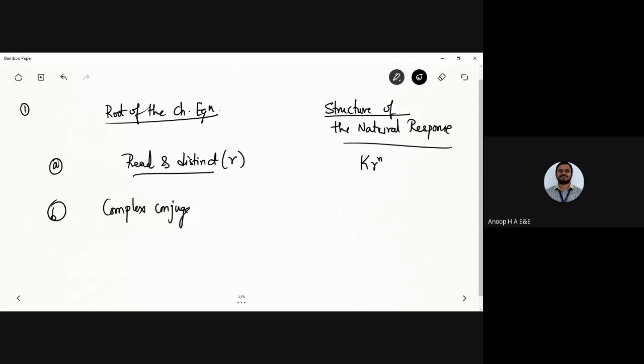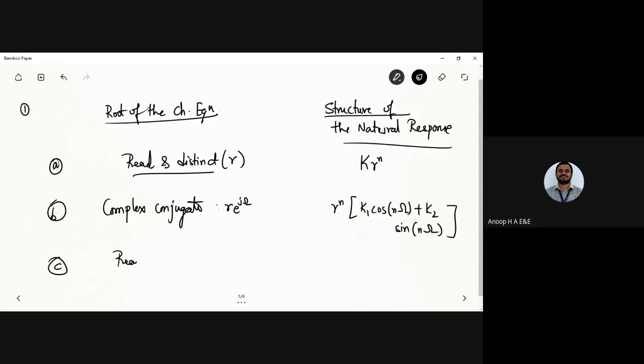So once I have the trigonometric functions present there, r e power j omega, usually r will have the unit circle taken into consideration. So I have r power n k1 cos n omega plus k2 sin n omega. So I have this term present there.